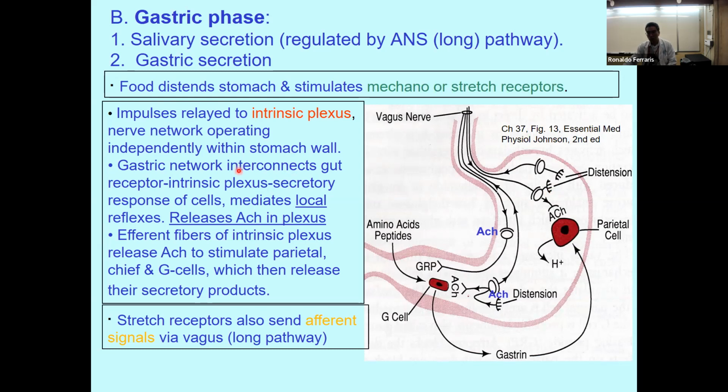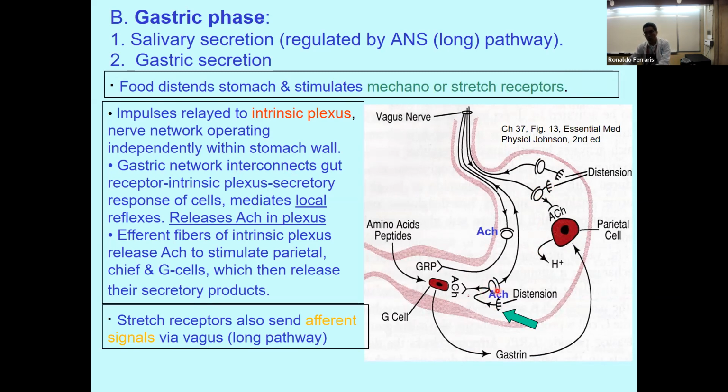And this local network, this local reflex, interconnects this intrinsic plexus to the interneuron, releasing ACH there. Okay, so it releases ACH to the interneuron.